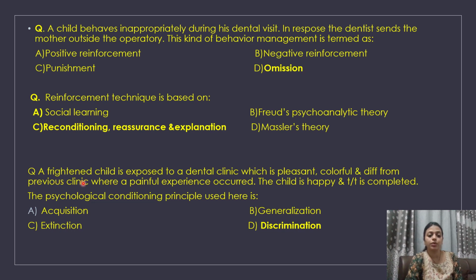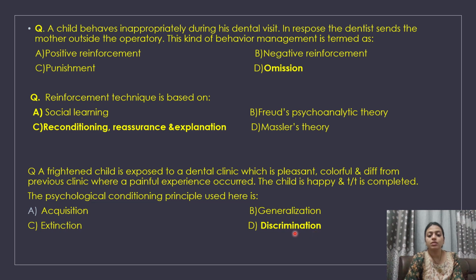Then comes another question: a frightened child is exposed to a dental clinic which is pleasant, colorful, and quite different from the previous clinic where a painful experience occurred. So this child is happy and the treatment is completed. The psychological conditioning principle which is used here is A. Acquisition, B. Generalization, C. Extinction, or D. Discrimination.